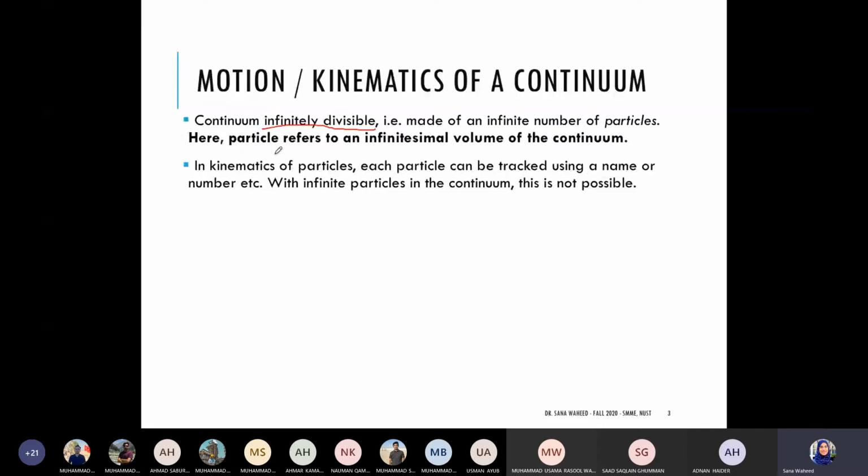So if I had to represent a body as particles, this fact that I have an infinite number of particles makes it very difficult to keep track of the movement of this particle, then that particle, and so on, because I have an infinite number even within just one cubic meter or something like that.